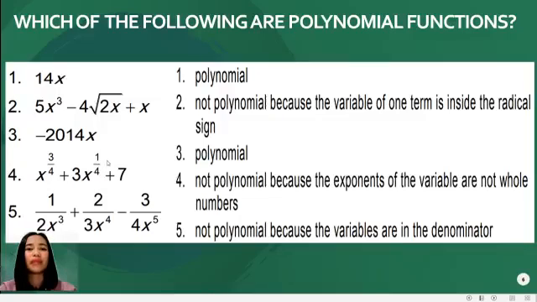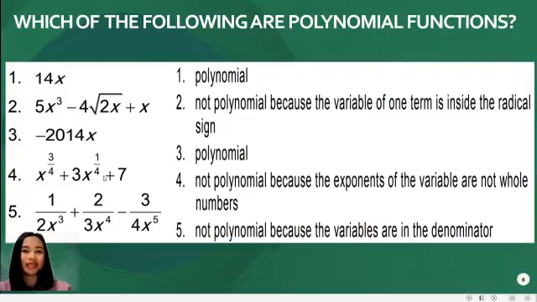On number 5, we have 1 over 2x cubed plus 2 over 3x to the 4th minus 3 over 4x to the 5th. So this one is not a polynomial function because the variables are in the denominator. If the variable is in the denominator, we can write it in another form, so we're going to have 2x raised to negative 3.